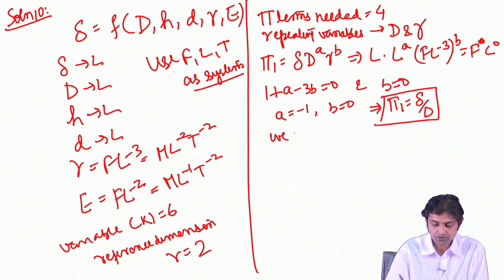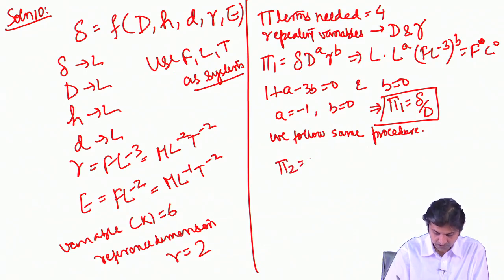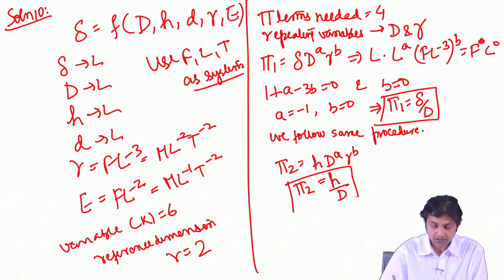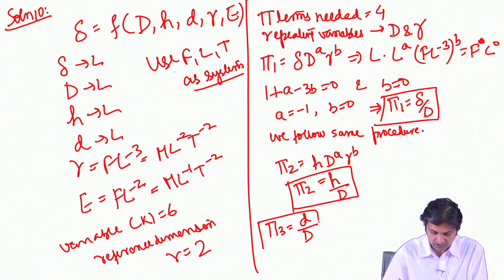If we follow the same procedure, we are going to get pi 2 as h D to the power A, gamma to the power B, and we get pi 2 as h by D. All right, and pi 3 will be given as small d by capital D, and pi 4 is going to be E by D gamma.